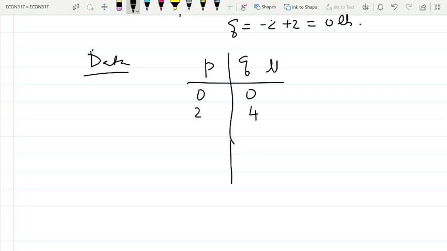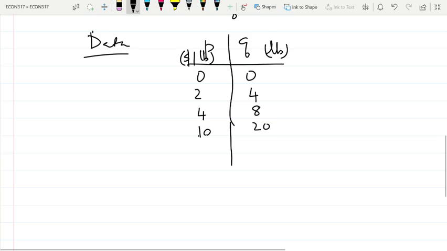Let me write down the units: pounds for the quantity, dollars per pound for the price. Price goes to $4, quantity goes up to 8 units. Price is $10, quantity is 20 units. So we can see the relationship between price and quantity is positive. Price goes up, firms want to sell more.